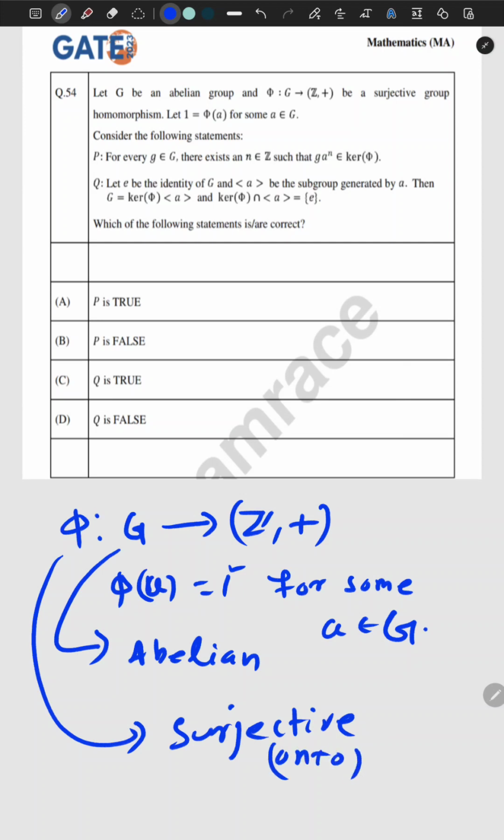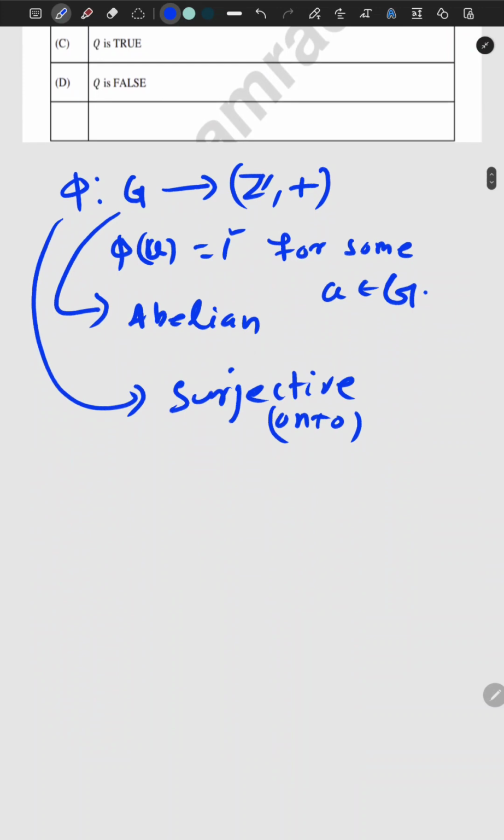Let us analyze statement P. Statement P says that for every g in G there exists an n belonging to Z such that g a to the power n belongs to the kernel of phi. We have to show it.